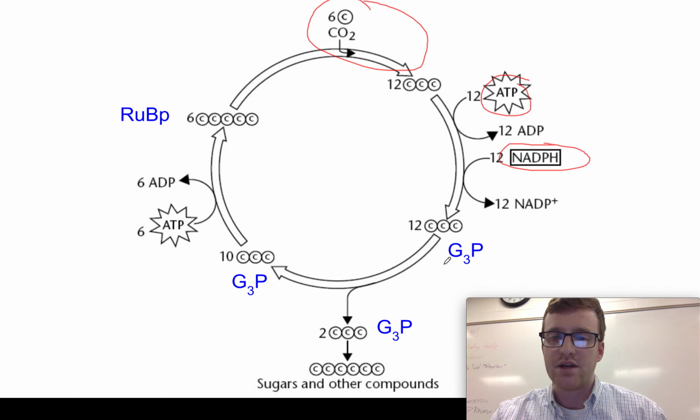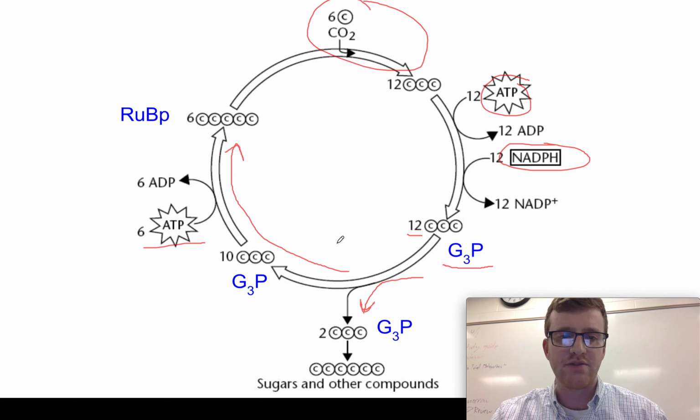It's going to become G3P. Then you have 12 total. 2 of them get to leave to form glucose and other sugar substances, and the rest of them will be recycled. A little bit more ATP is needed for them to turn into these 5 carbons, which will eventually pick up more carbon from the carbon dioxide.